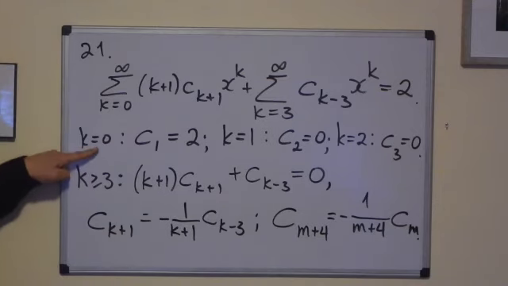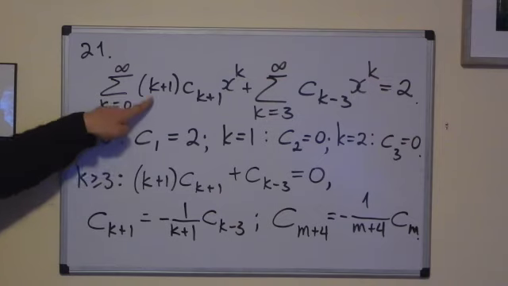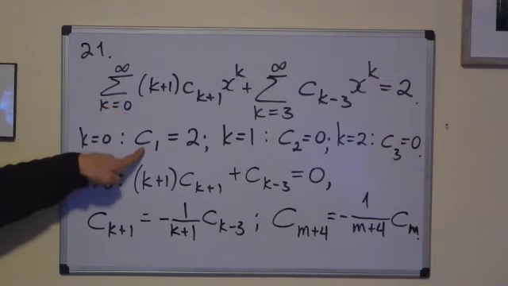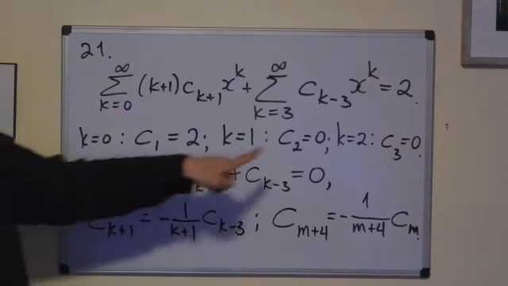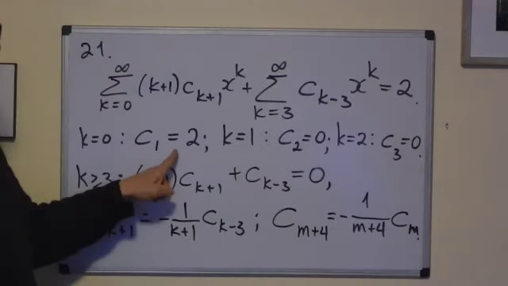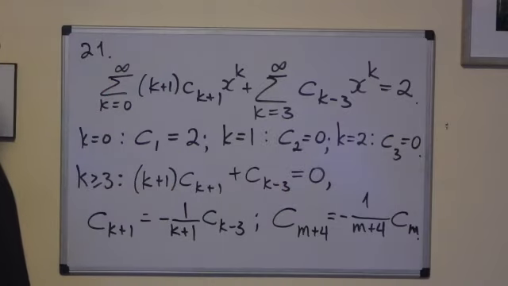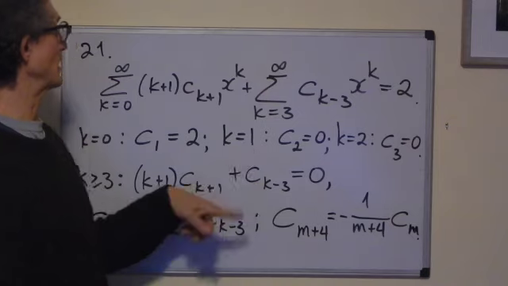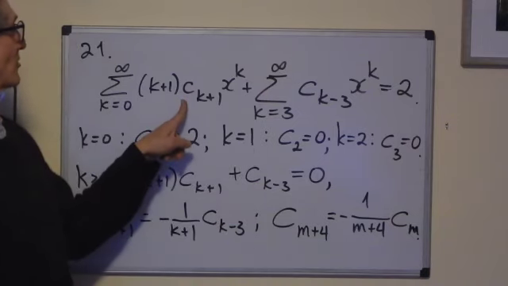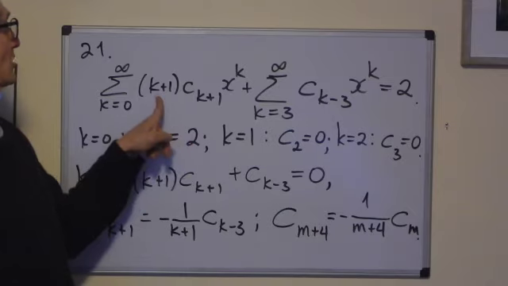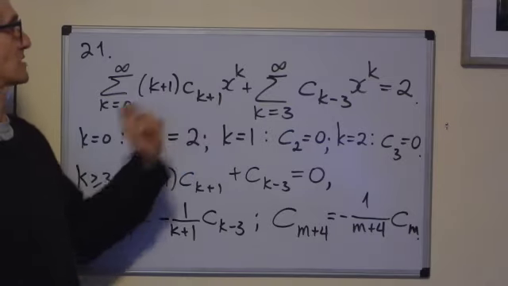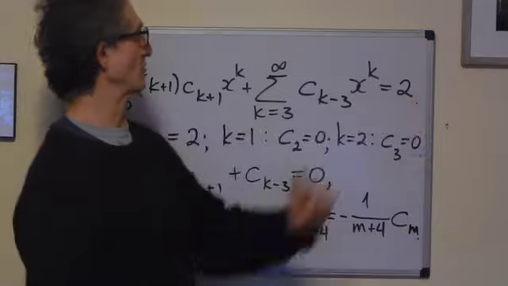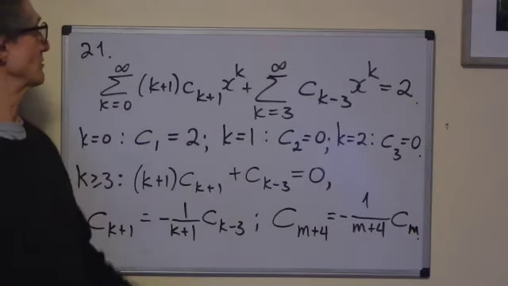So when we're looking at the 0th power, on the left we have c1 as the constant coefficient, and on the right we have 2, so c1 has to be equal to 2. If we look at k equal to 1, on the left we have 2 times c2 times x, and on the right we have 0, so c2 is 0.